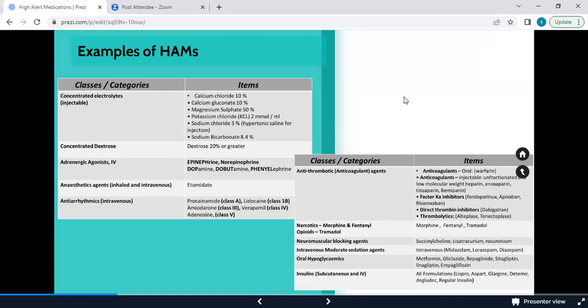So we know that lispro, aspart, and regular insulin are short acting, with a short duration of action, whereas insulin glargine and detemir work for almost 24 hours. So it's very important when you are dealing with insulin preparations in the ward to counter-check what you are dispensing and make sure the label is correct, as we will come to know. That is because of the product variation within this class of agents, the insulins. So these are all examples of high alert medications.